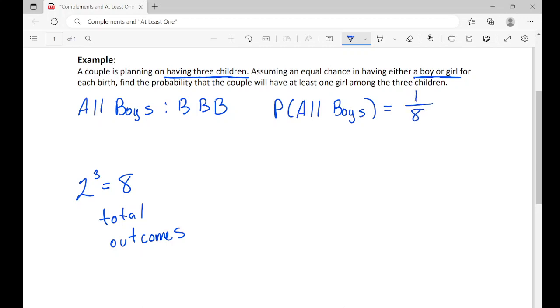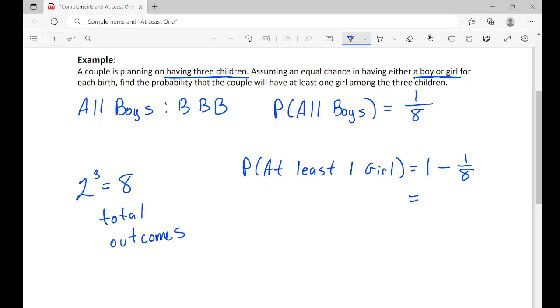Now that's what we don't want. What we want is at least one girl. So we're going to do the complement rule. So we're going to say the probability of at least one girl is just the complement of the probability of all boys. So 1 minus 1/8.